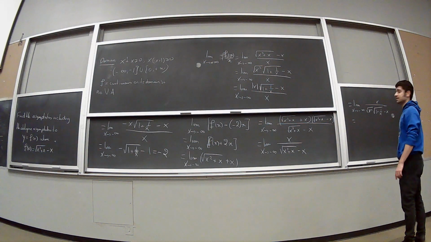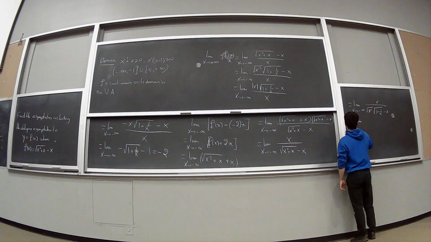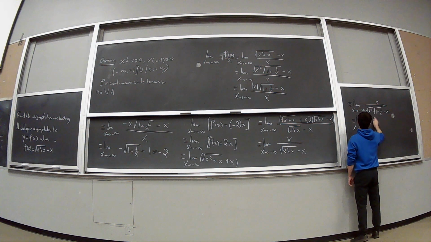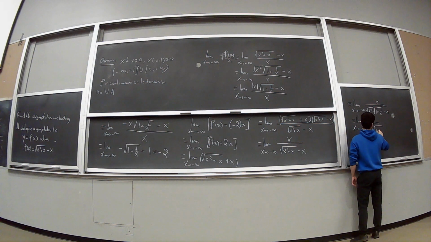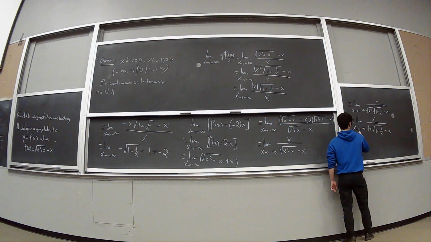Yeah, it's the same one you had before. I don't know why I redid the calculation, but that's fine. So the absolute value of x, square root of 1 plus 1 over x, minus x.